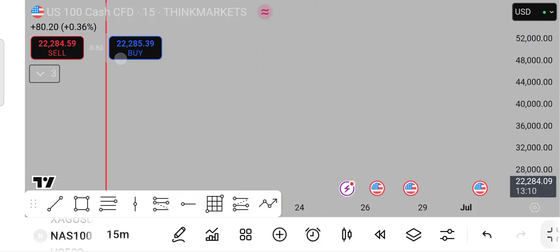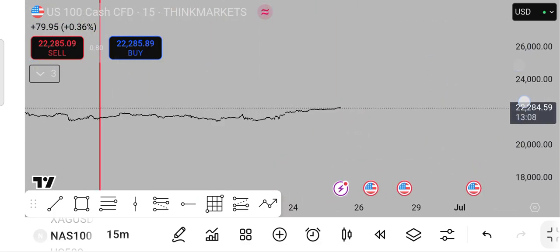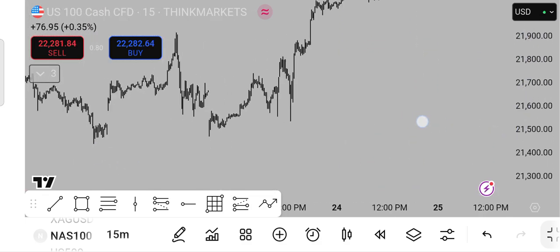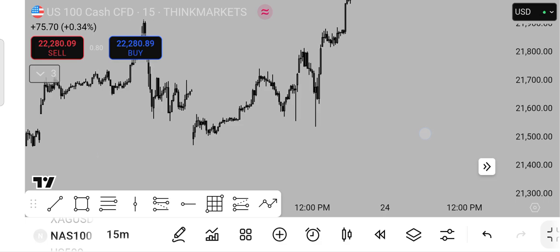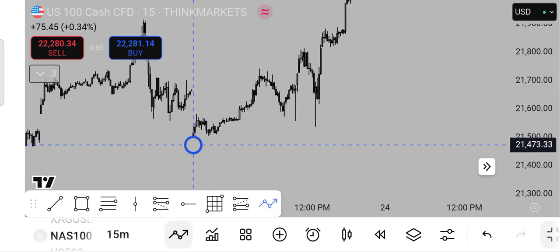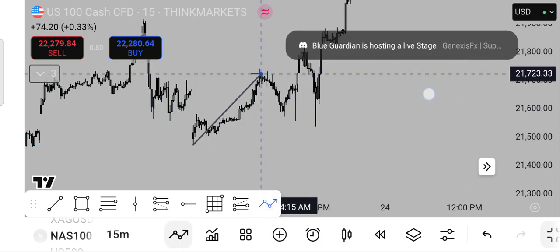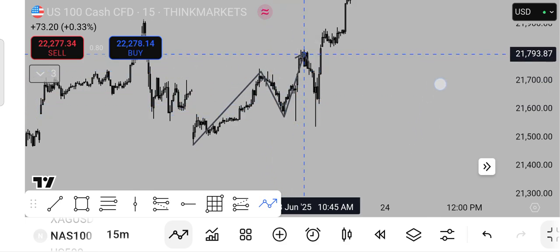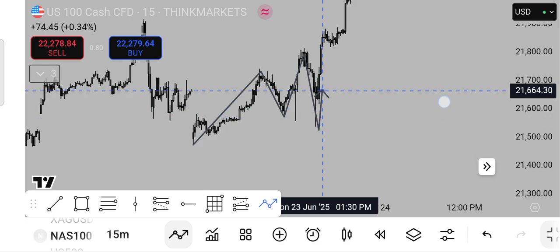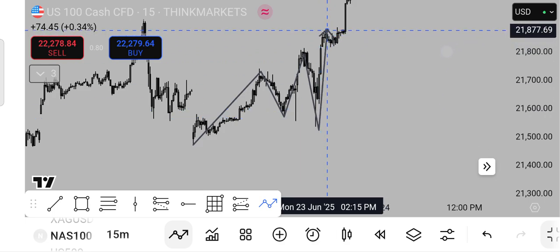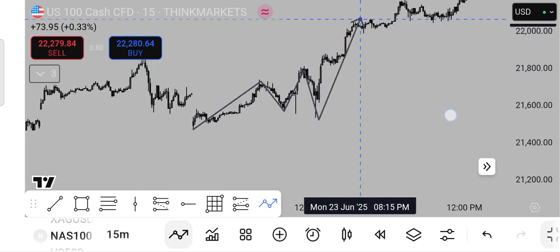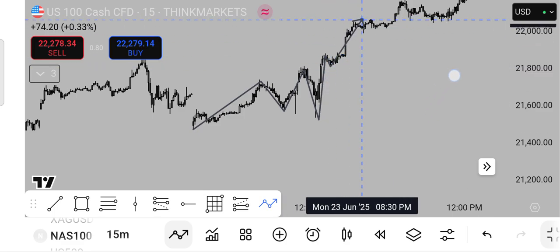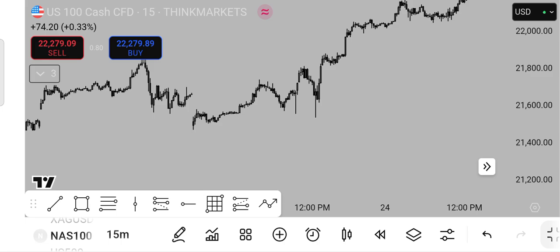Now, here, you can see that market is moving from here to here, and then here, and then here, and then here. It is not moving that correctly, but still moving.